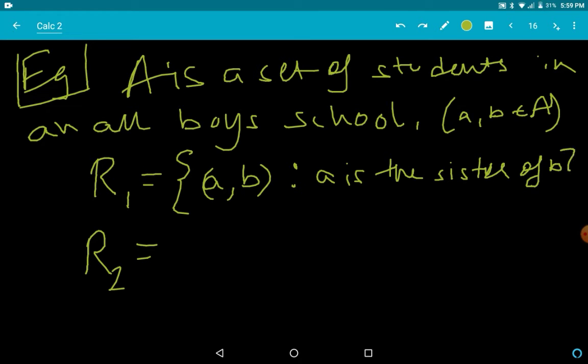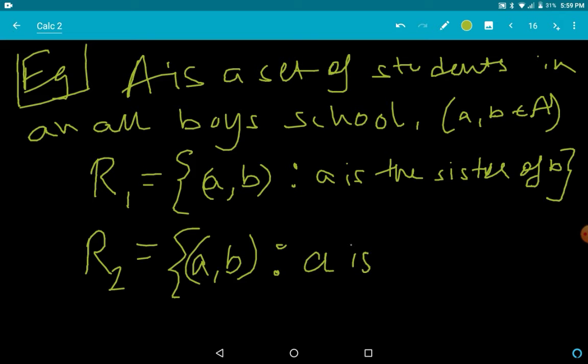And R2 is the set of (a, b) such that mod a minus b is positive.